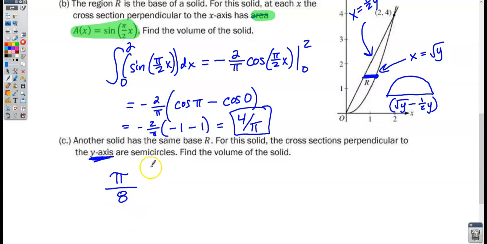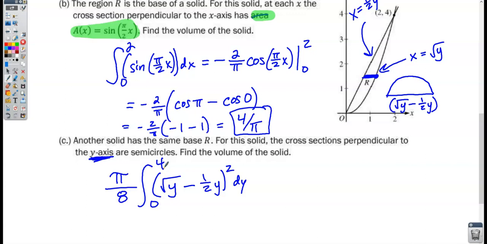So this is going to be pi over 8 times the integral of the quantity square root of y minus 1/2 y, squared, with respect to y. And it's going to go from 0 to 4.